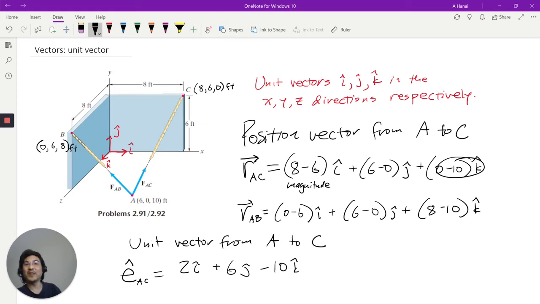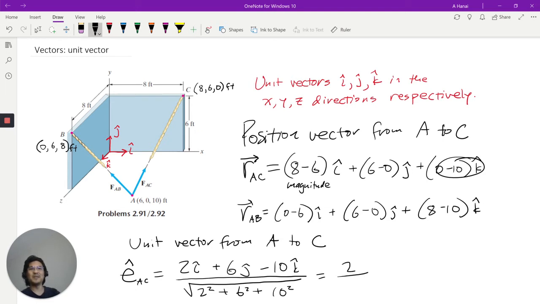That's the correct direction, but we want the magnitude to be 1. To make the magnitude 1, just divide this vector by its own magnitude, like this. And there you go, that's the unit vector from A to C. There's the x component, here's the y component, and then this is negative.